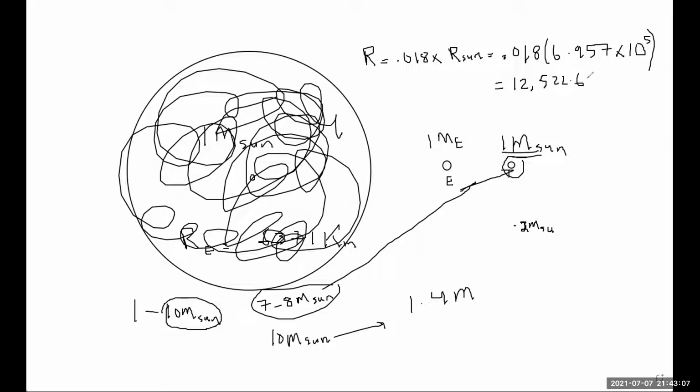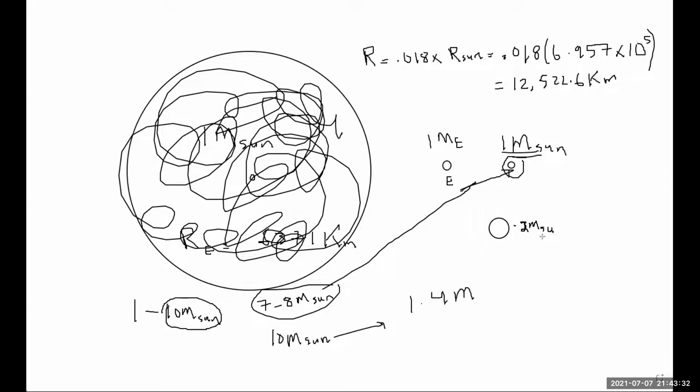That's 12,522.6 kilometers. Oh, that's about twice the size of the Earth. The Earth diameter is about 12,000. Oh, okay. So then that means our sun will end up as a white dwarf that looks like this, twice the size of the Earth, twice the size of this guy. So it'll be something like this.